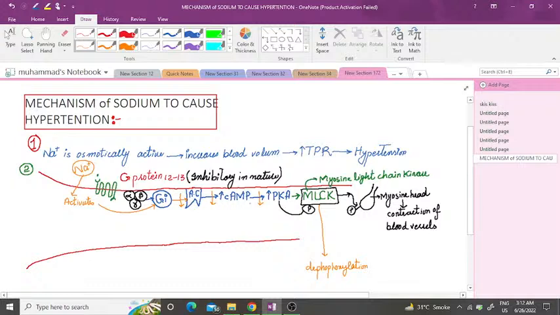Myosin light chain kinase will be activated, and it will cause the phosphorylation of the myosin head, and in this way the contraction will be increased.